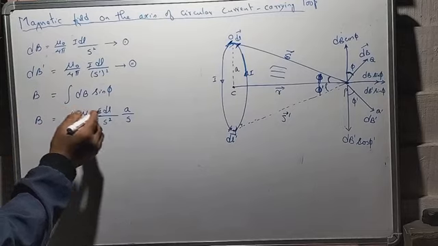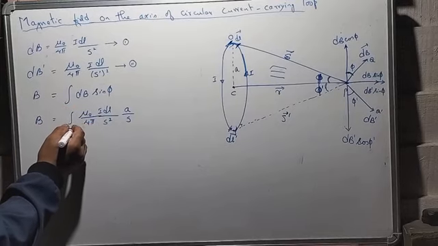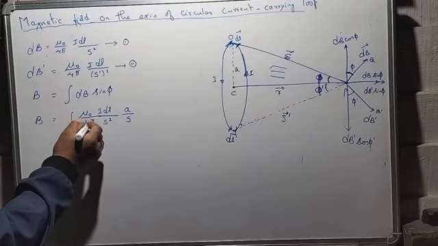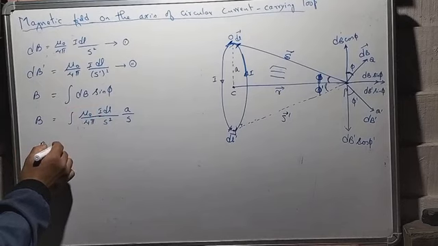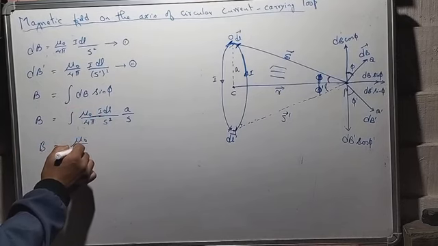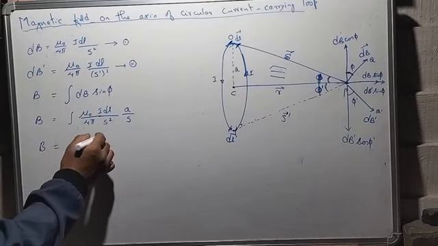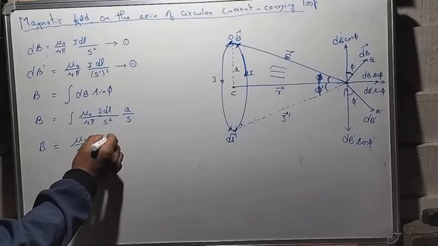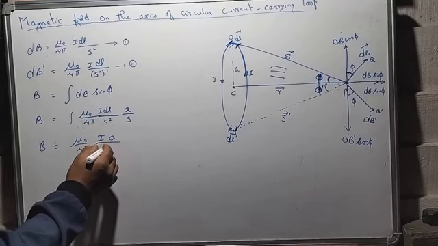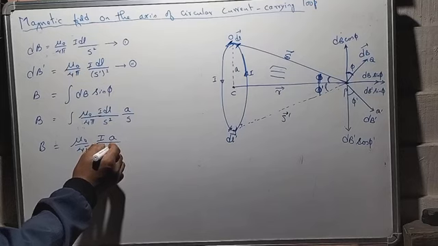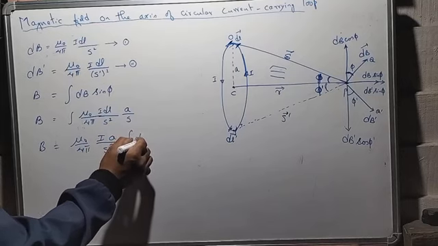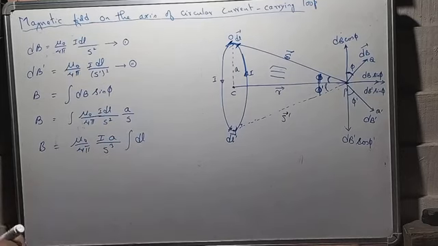And the limits of integration on the right hand side in this case: because mu naught upon 4 pi is constant, I'll take it out. I is constant, I'll take it out. a is constant, I'll take it out. s square times s becomes s cubed, so I'll take it out. The only thing left inside the integration is dl.